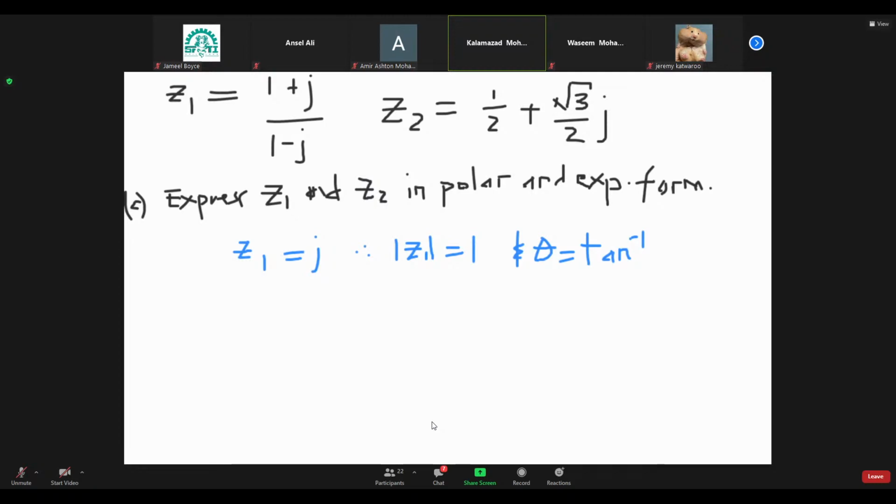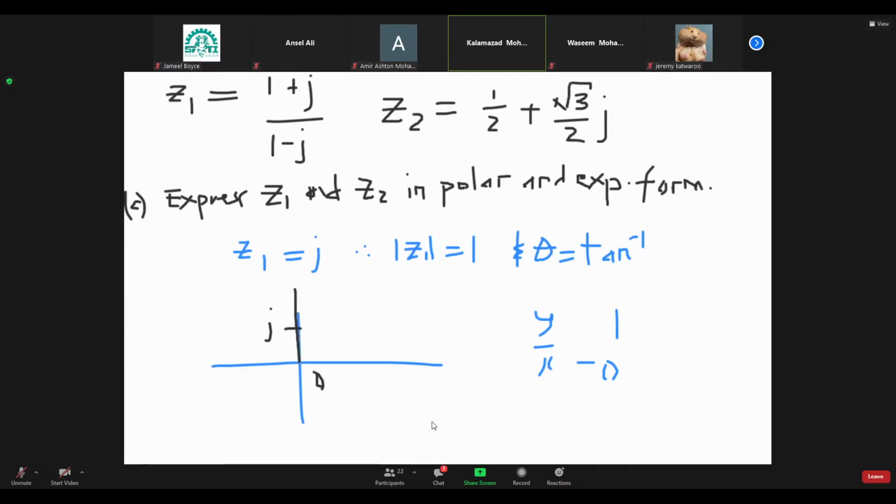All right, so the problem here that we faced with is tan inverse of 1, remember, it's going to be y over x, and y is 1, but x is 0. The x value is 0, and y is 1.